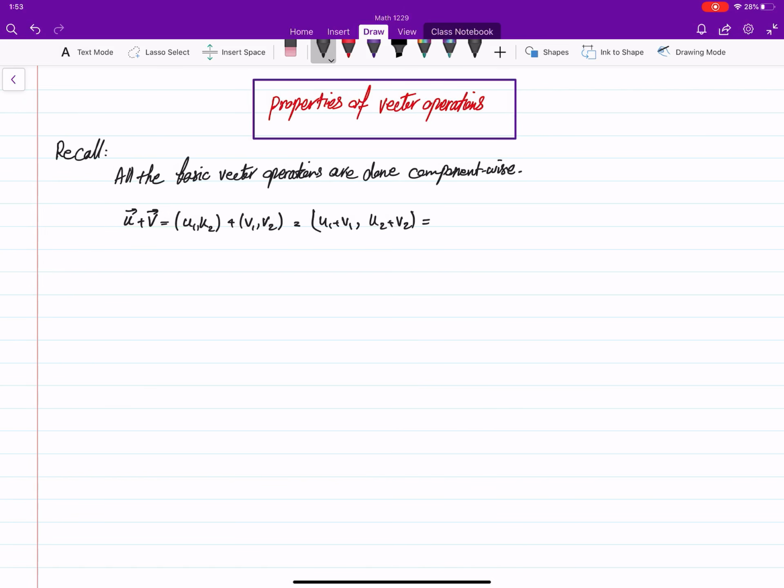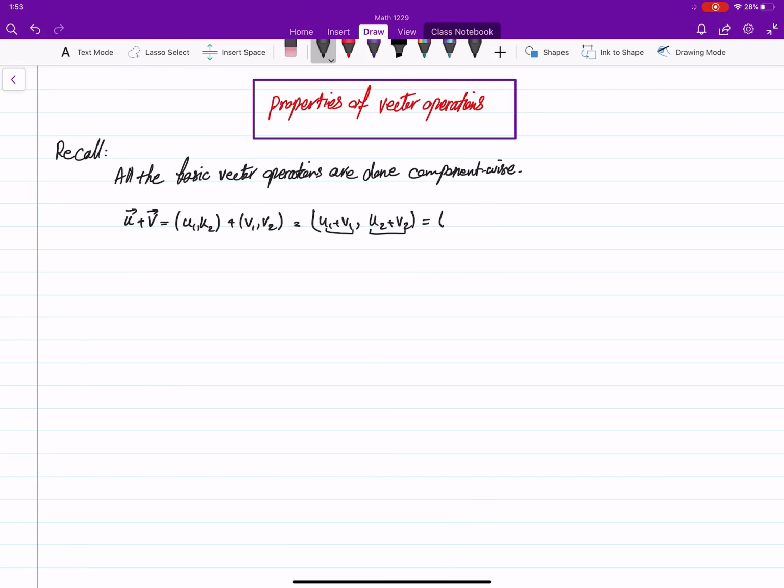Okay, here is where the component wise properties of number come in. Here you can forget about the whole vector and look at these as numbers. u1 plus v1 is a number, u2 plus v2 is a number.